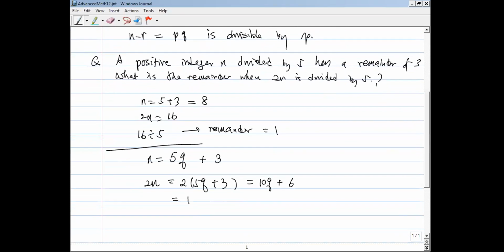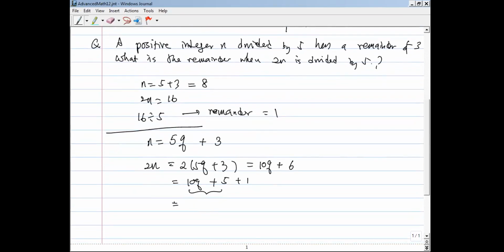I can express it in another form. 6 divided by 5 has quotient 1 and remainder 1. So I can group these together. Keller, don't talk. Okay, so that will be 5 times 2q plus 1, plus 1.